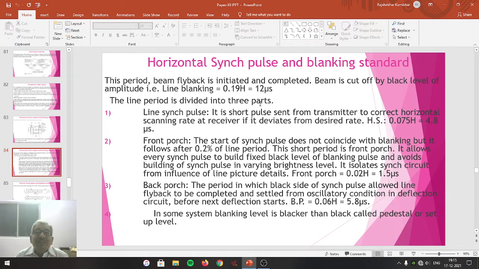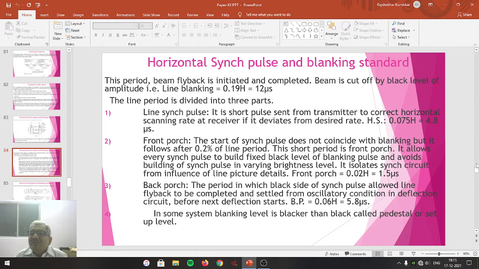This line blanking period is divided into three parts. One is the line sync pulse. It is a short pulse sent from the transmitter to correct the horizontal scanning rate at a receiver if it deviates from the desired rate. And it is of the order of 0.075 times the horizontal line, that is 4.8 microseconds.